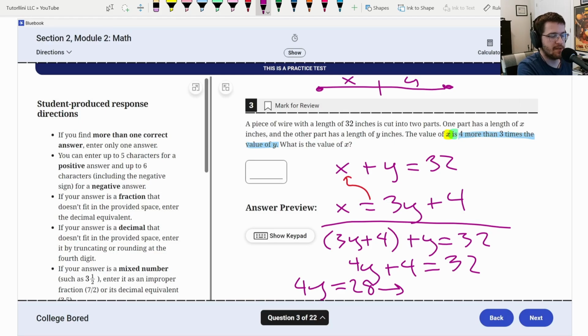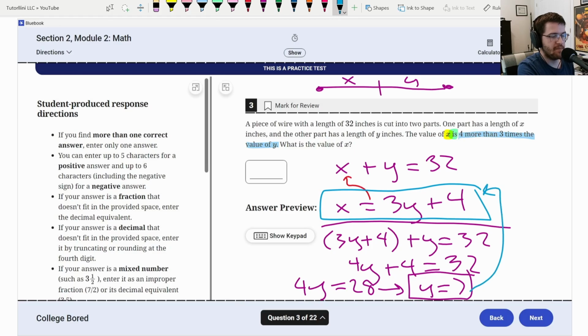We divide both sides by 4 and we get y equals 7. And if y equals 7, I can go back to the equation with x by itself and put this in here. 3 times 7 is 21. 21 plus 4 is 25. So x is equal to 25. And that is our answer.